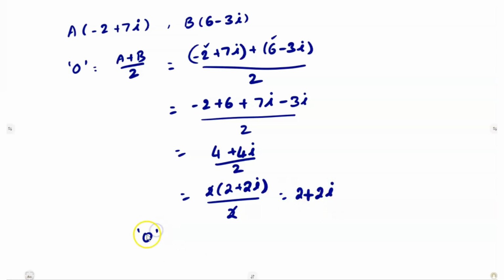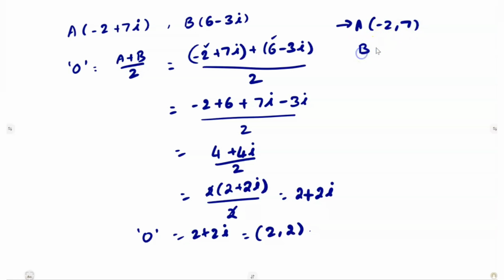So point O is 2 plus 2i, which we can write in the form of coordinates as 2 comma 2. Even the same sum you can also take in the beginning itself. A as -2 plus 7i, we can write it as -2 comma 7, and you can take B point as 6 comma minus 3. Here also you can do the same process.